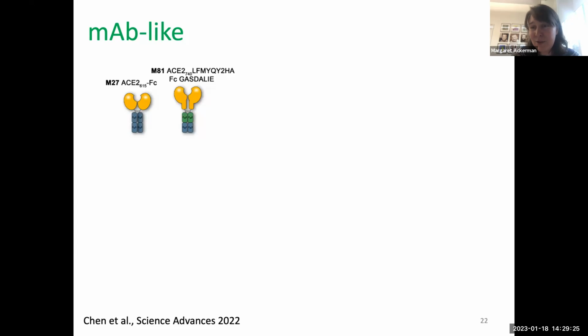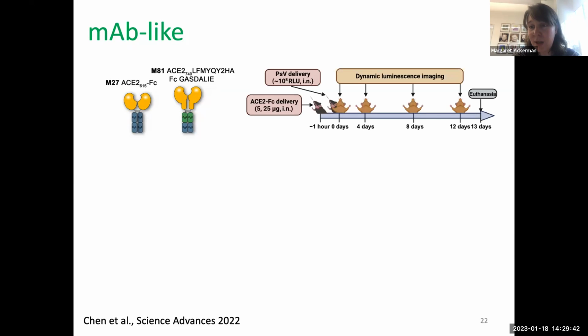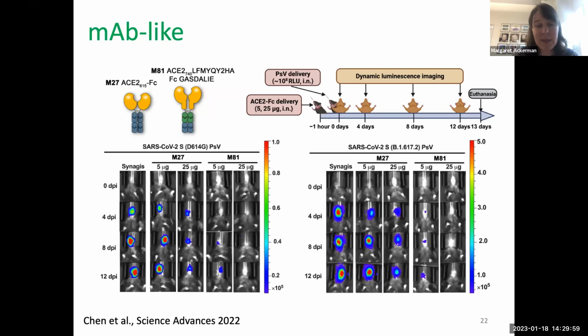And so she sequence modified, as well as had different lengths of the ACE2 extracellular domain, and introduced knockout and FcγR receptor binding enhancing mutations in the constant domain of this molecule. I'll show just results from one of the in vivo experiments reported in this study, which was a prophylactic experiment. So the ACE2 Fc fusion proteins were administered prior to challenge, and then viral replication was monitored using bioluminescent imaging.